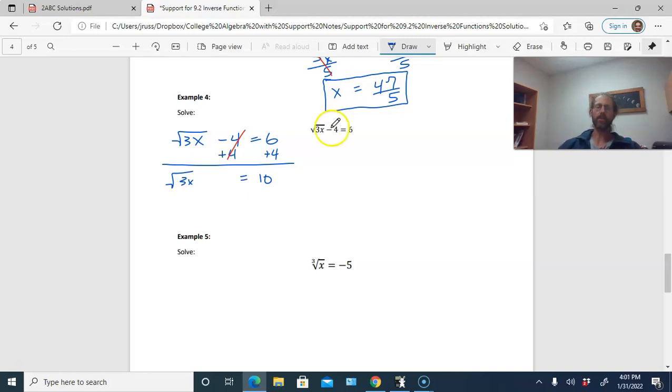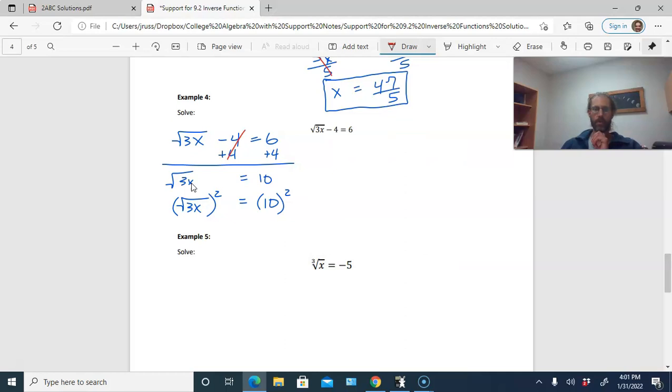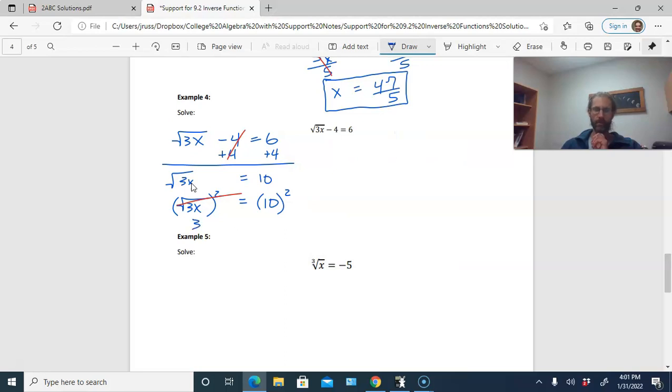Now that we've got the square root isolated on the left, we can square both sides of the equation. Let's keep it in parentheses and then square it, the same thing for the right-hand side. Again, guys, when you square a square root, you're just left with the radicand, or what's underneath the radical.